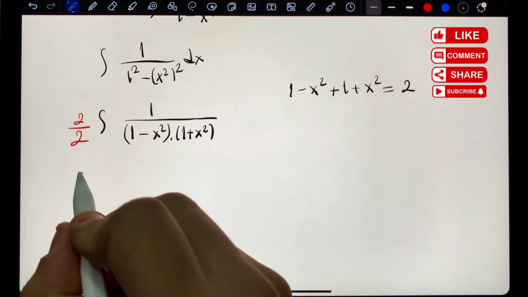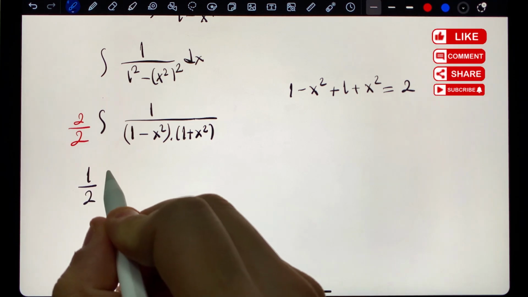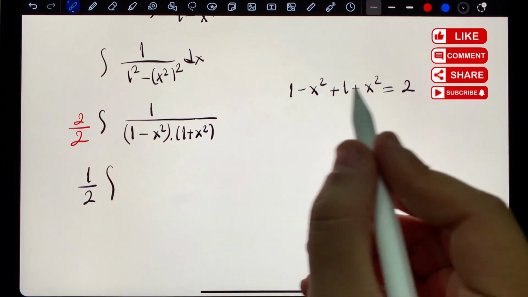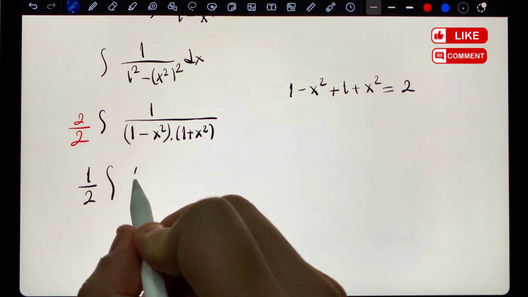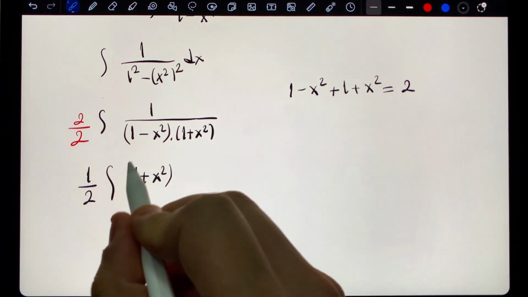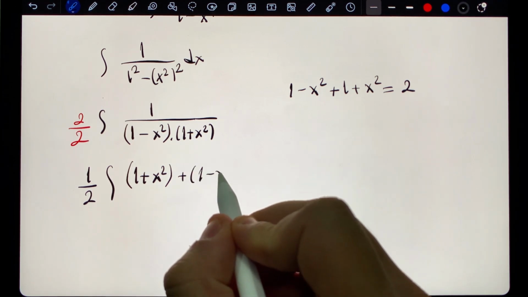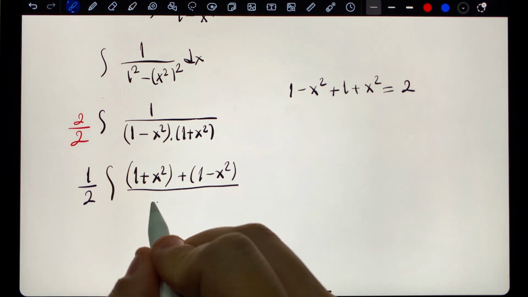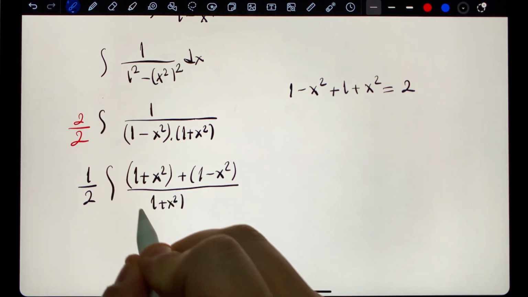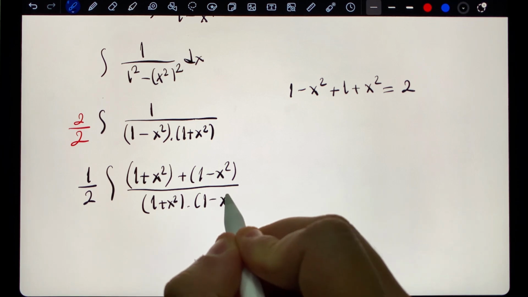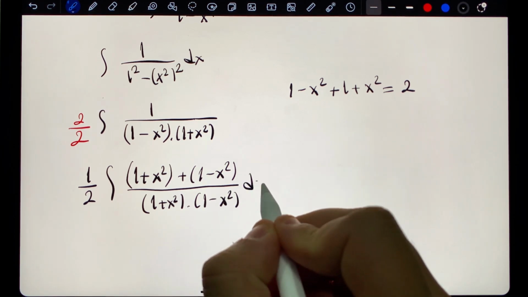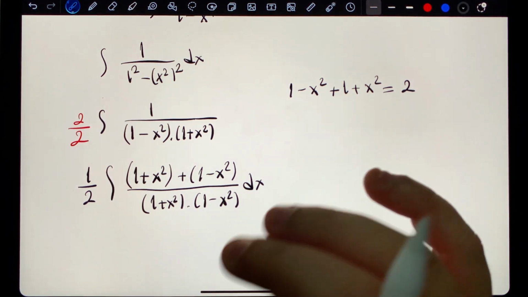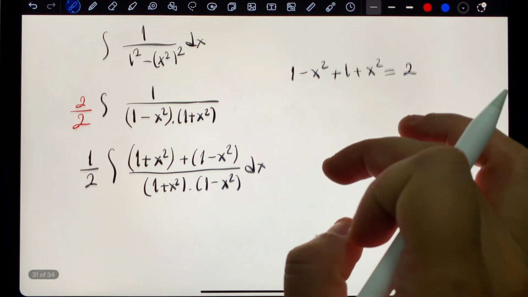Now let's continue. What will happen? Of course, I can bring the 2 inside. Then, if I want to write this where I see 2, it becomes 1 plus x plus 1 minus x, divided by 1 plus x times 1 minus x, dx. Now, due to the property of the integral, I can separate it.